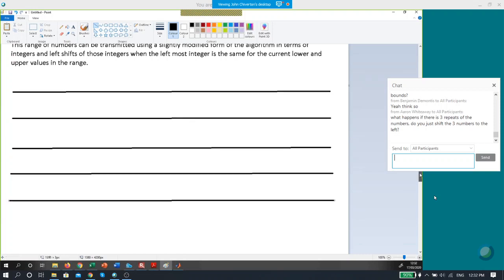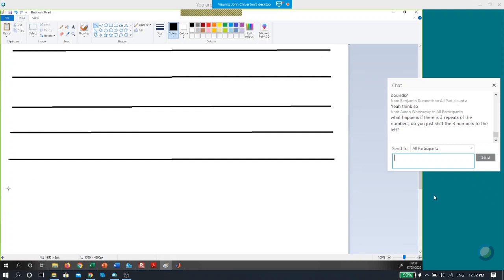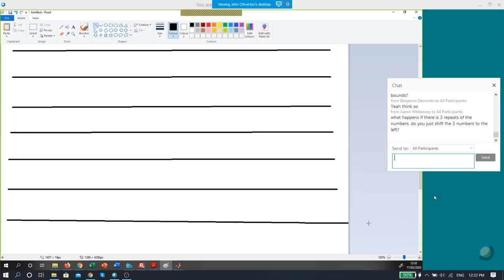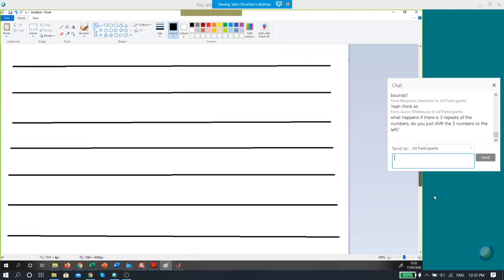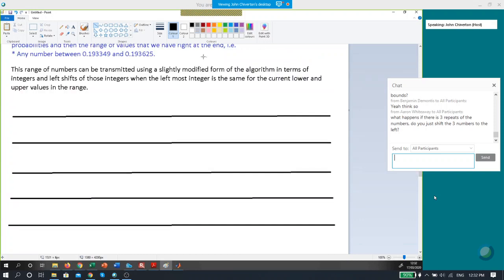So that's 1, 2, 3, 4, 5, 6. 6 symbols for transmission or calculation. And then we've got the lower and the upper ones for each one of those.